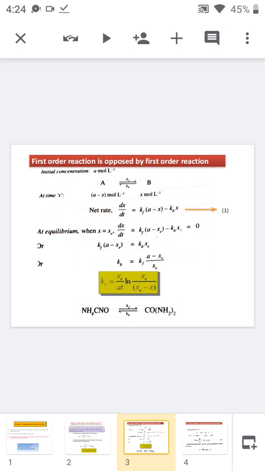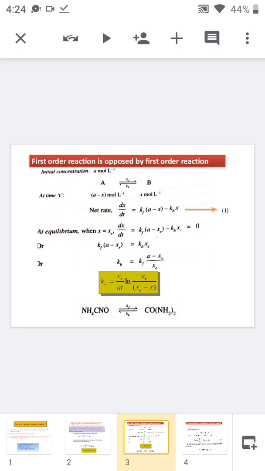In order to represent the backward reaction, we have to subtract the rate constant for the backward reaction Kb into the concentration of x. So our final rate expression for the opposing reaction is dx/dt is equal to Kf into (a minus x) minus Kb into x.